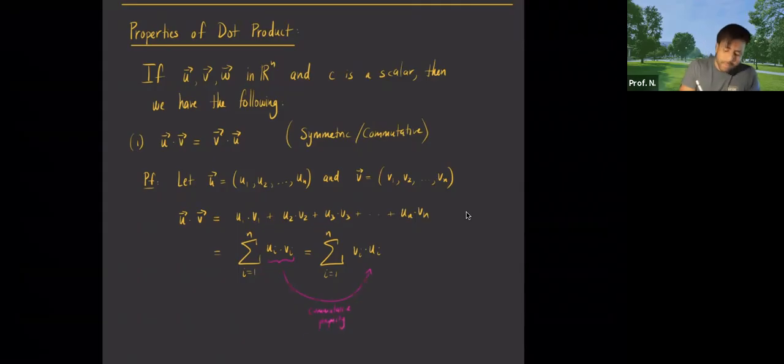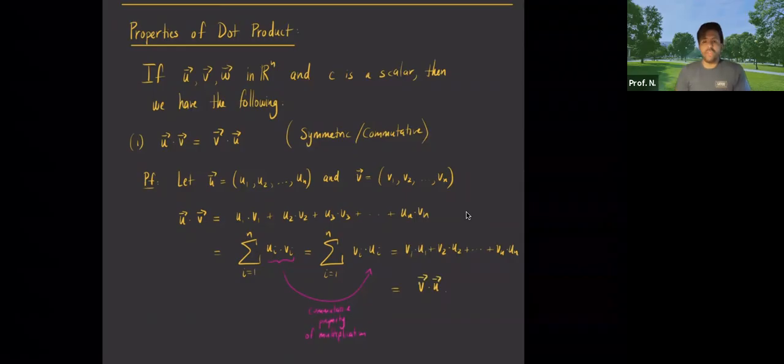And now what does this become? This becomes v1 times u1 plus v2 times u2 plus vn times un. But what is this also written as? v dot u.